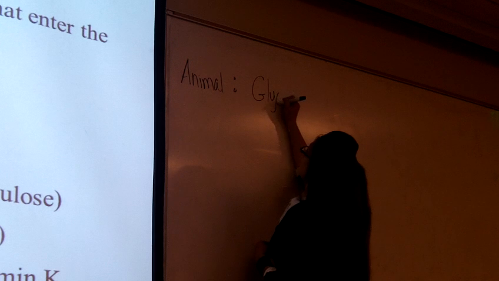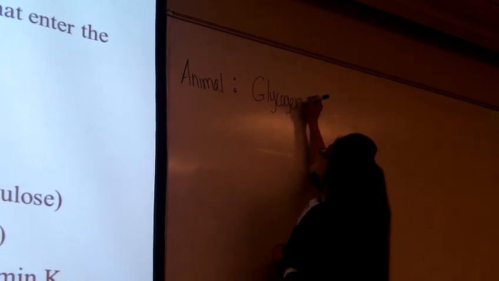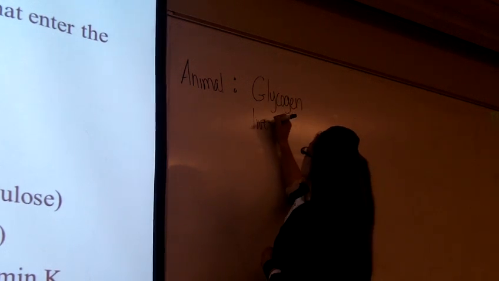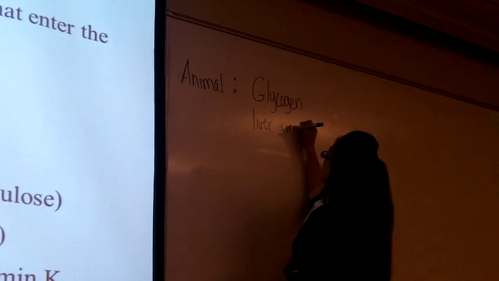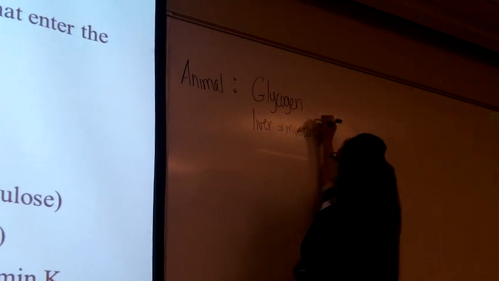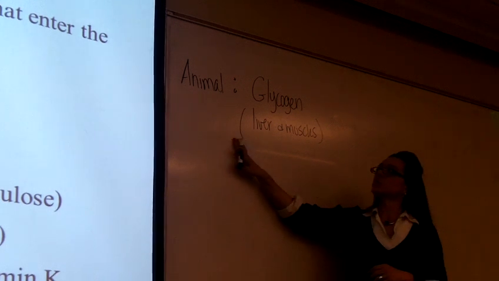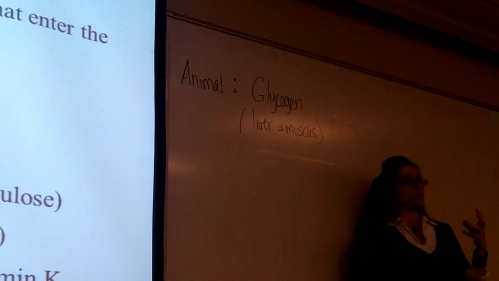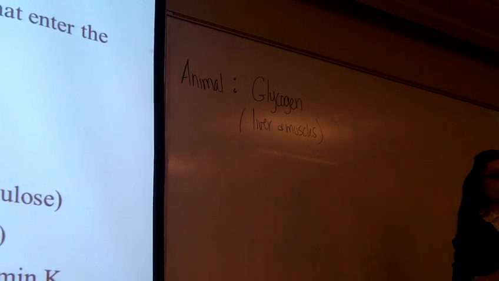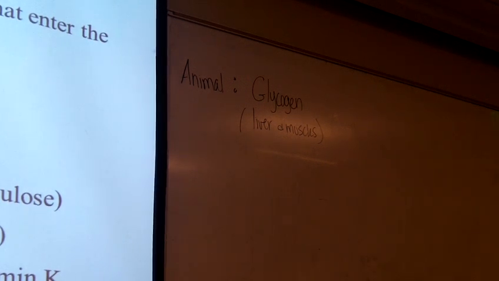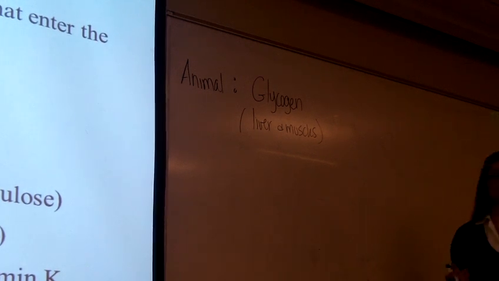And glycogen is going to be stored in liver cells and muscle cells. It's the only place that you're going to find glycogen. So glycogen is a storage form of glucose, so that if we're low in glucose, we can tap into that glycogen, release glucose, and then other cells can use it.